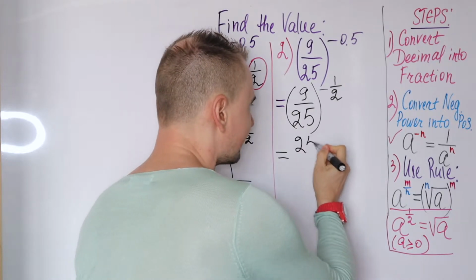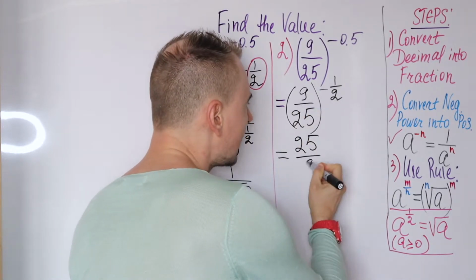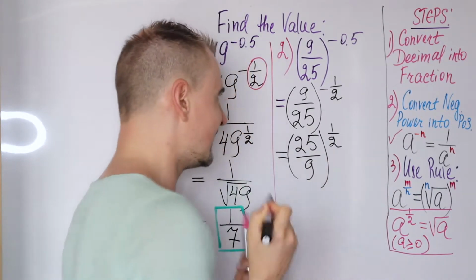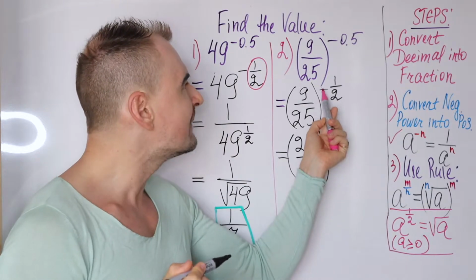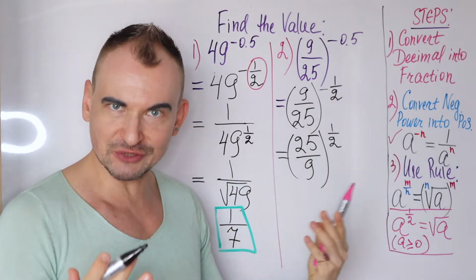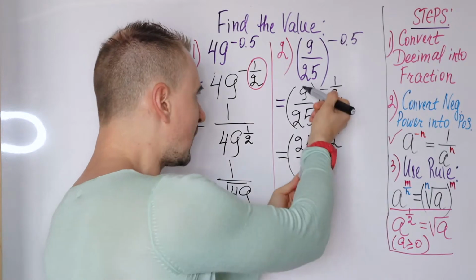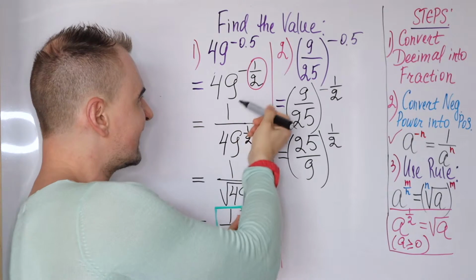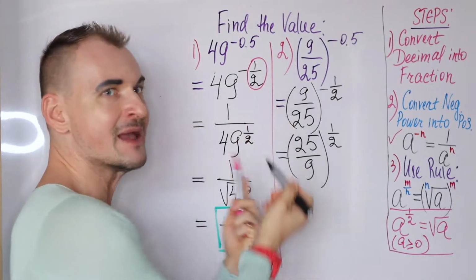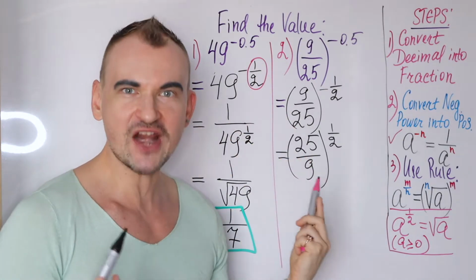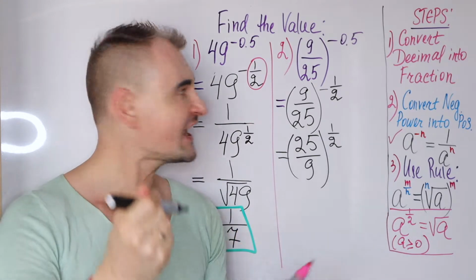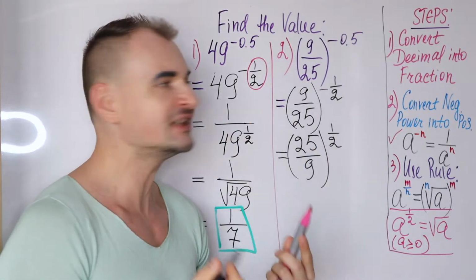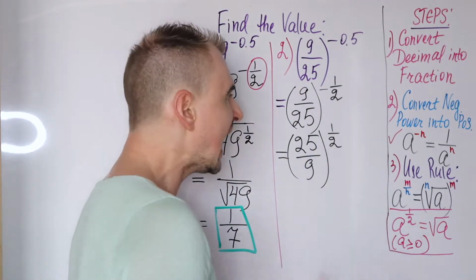Your 25 becomes the top, your 9 becomes the bottom, and you have this power a half. So the negative symbol disappears, but you have to swap top and bottom. Here we did that as well, but in that case you were given just a number, but since we are given a fraction, the reciprocation, the negative power, all means that you just swap top and bottom.